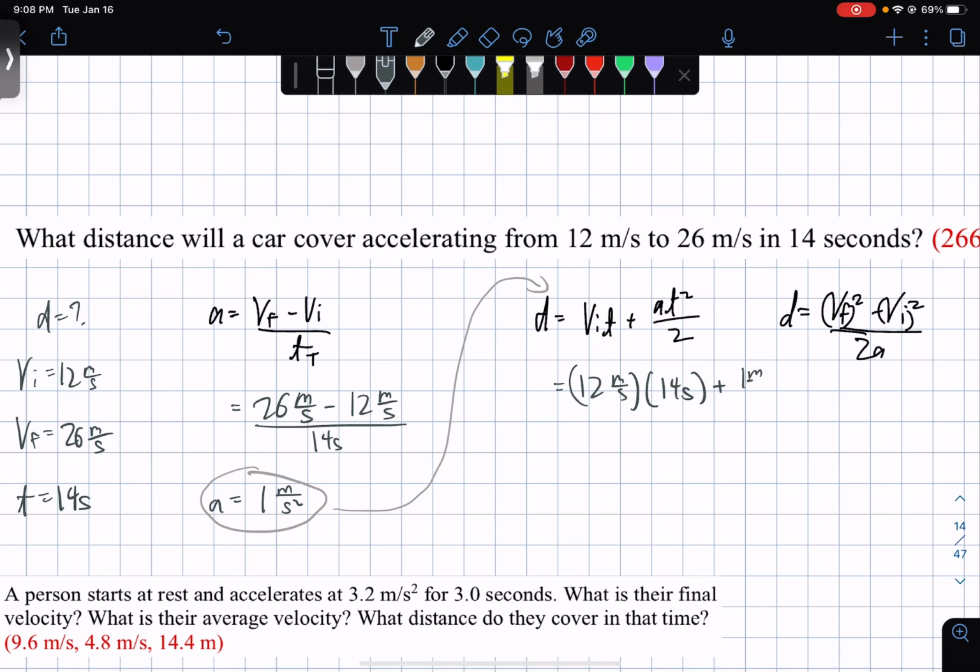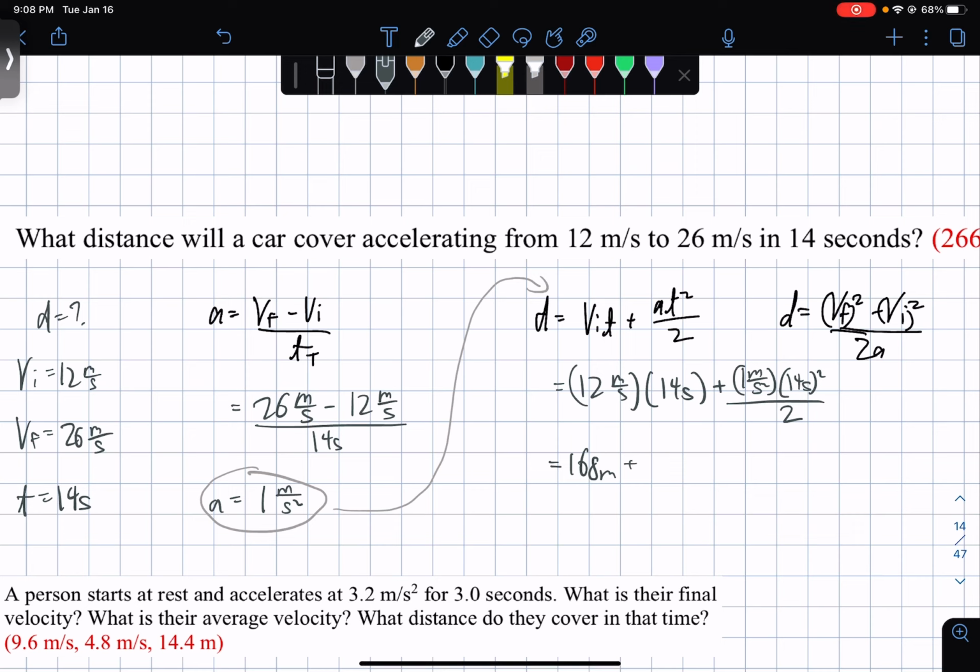Anyways, acceleration is 1 meter per second squared. Time is 14. We divided by 2. 144 plus 24. 168. Am I correct? I got it right. Okay.